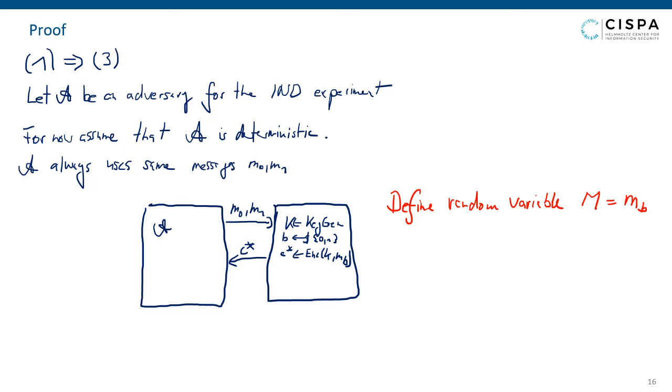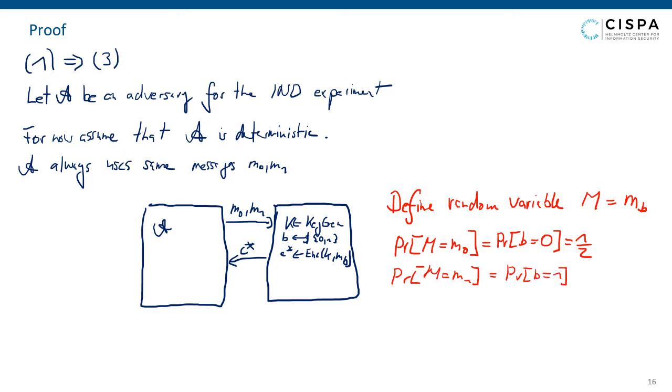Well, we know that probability M equals M0 is the same as probability B equals 0, because the random variable M just deterministically depends on B. It is a function of B, which is 1/2. And of course, probability M equals M1 is the same as probability B equals 1, which is also 1/2.